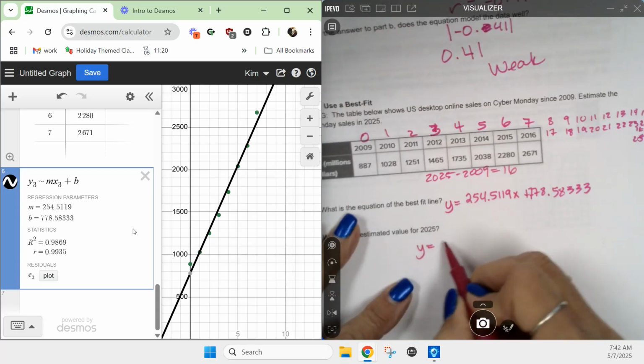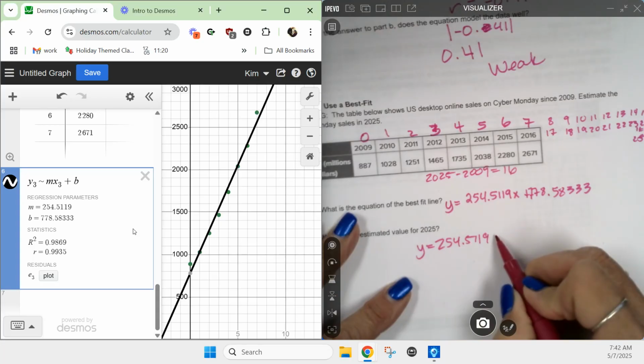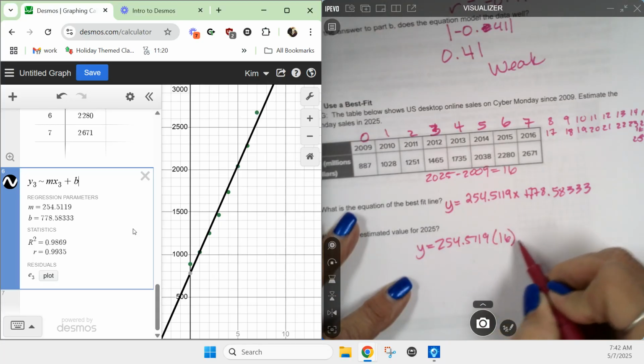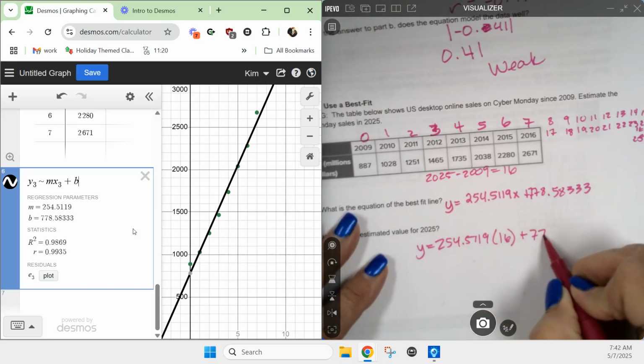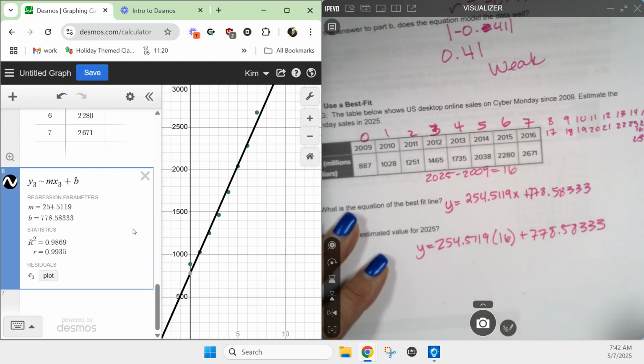Y equals 254.5119. Plug in 16. And then I go into my calculator and I plug in that information, 254.51. Is that 51? Yes, 19 times 16 plus 778.58333.